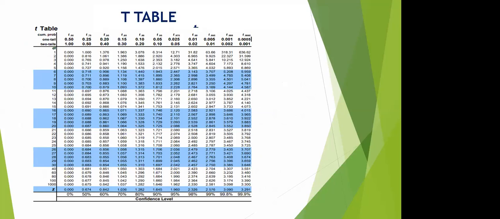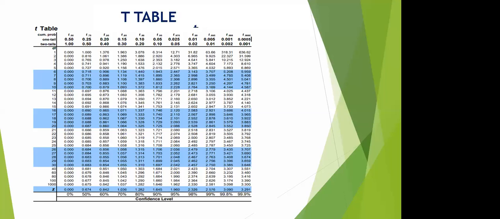How do we find the table value? Suppose we are doing a study with a 95% confidence interval, and our sample group contains 30 samples. We need to take the degrees of freedom first, which is n minus 1, as I already discussed in my first classes: the total number of samples minus 1.